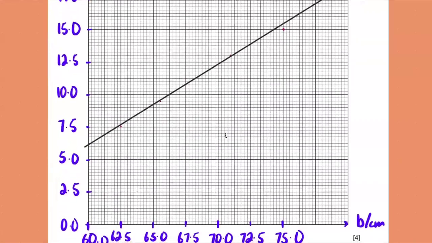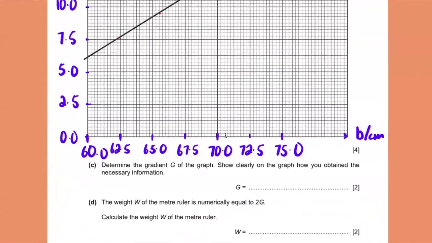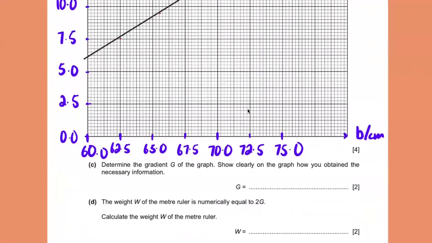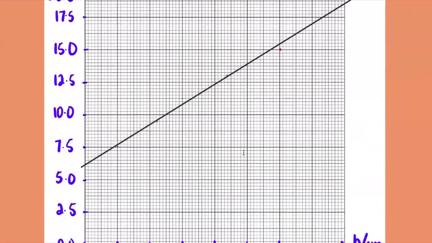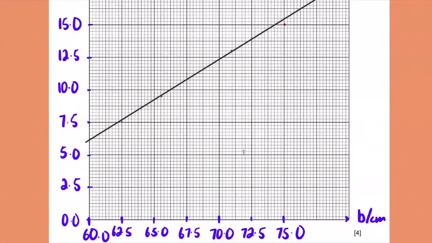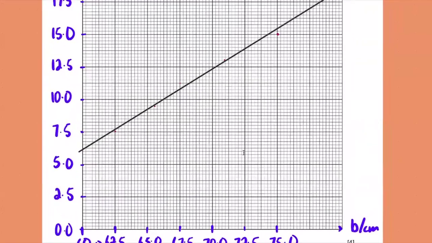Determine the gradient of the graph. Show clearly on the graph how you obtain the necessary information. This is just talking about the points. Whenever you are expected to show points on the graph, do draw a small triangle to show what points you selected.